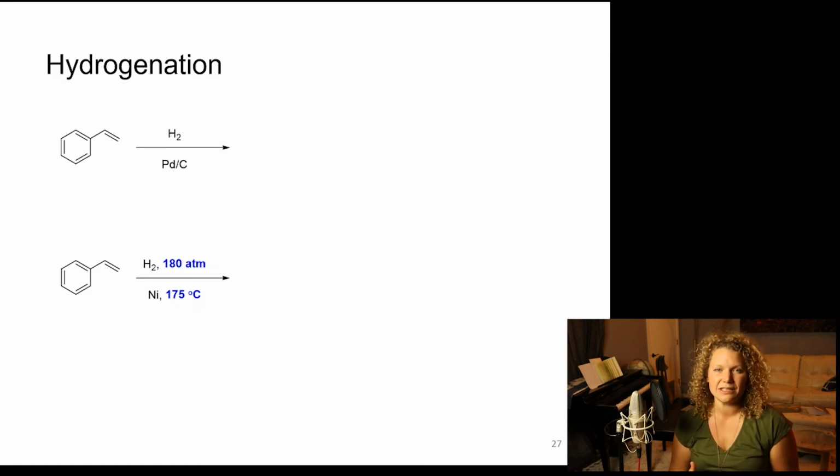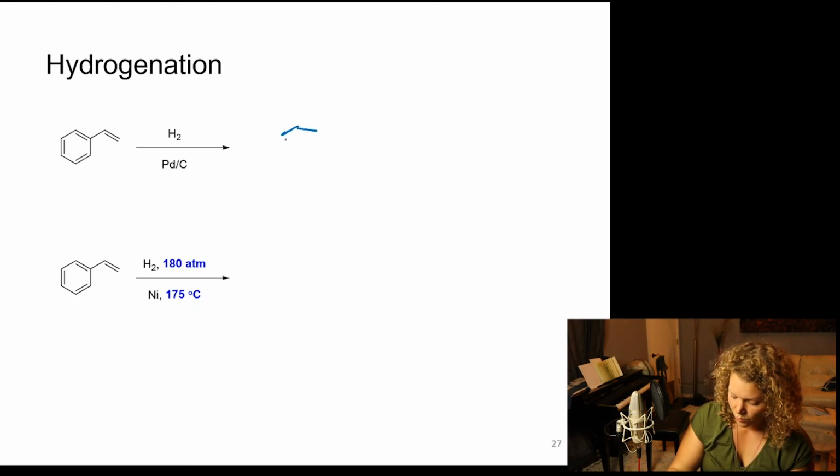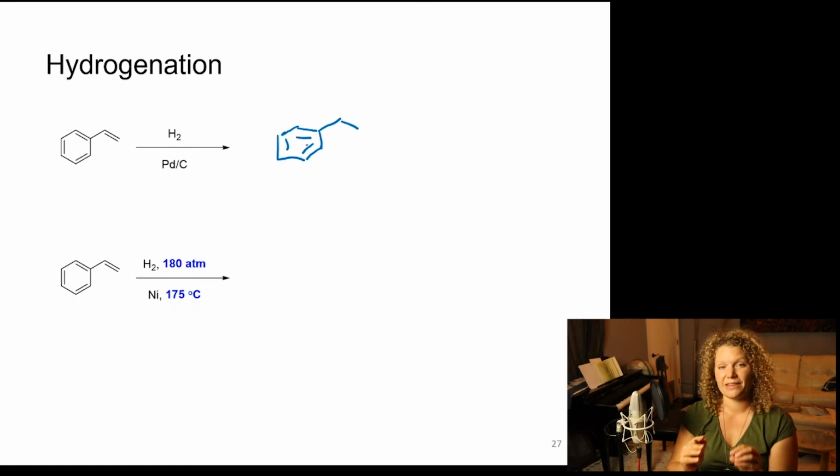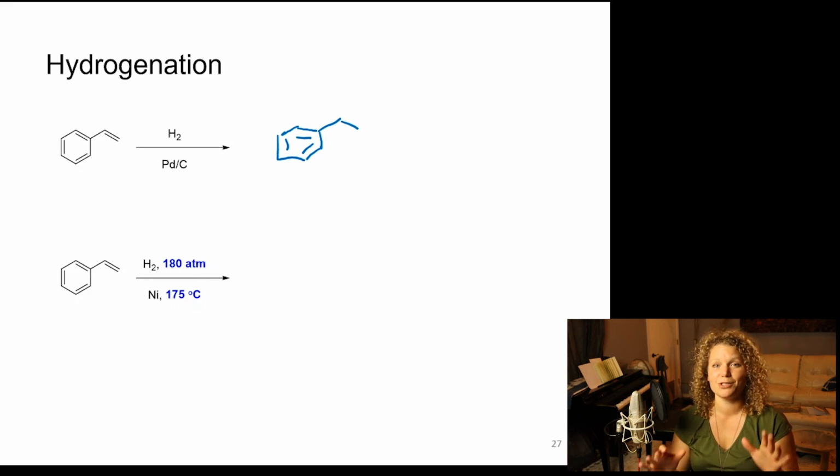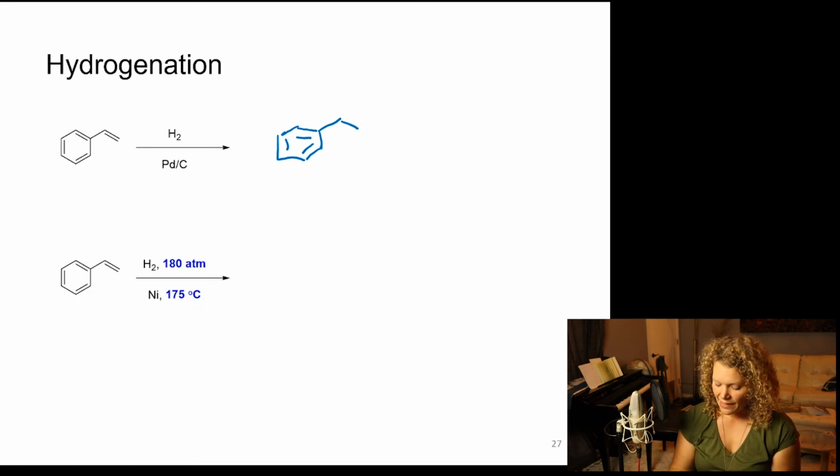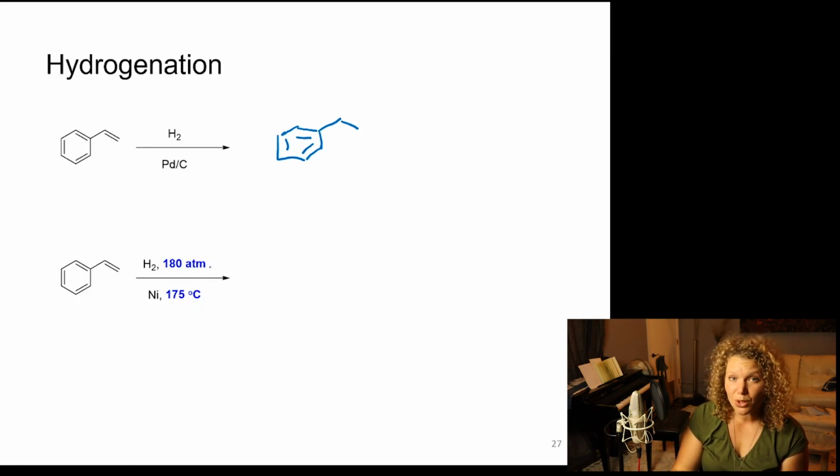Typically, under mild conditions, for example, 1 atmosphere of hydrogen and maybe room temperature with this palladium on carbon catalyst, we will see hydrogenation of our alkene, but the benzene, this aromatic ring, is not touched. The enthalpy of hydrogenation of benzene is much, much higher. In this case, we would need to really push the reaction. We would need to use harsh reaction conditions.